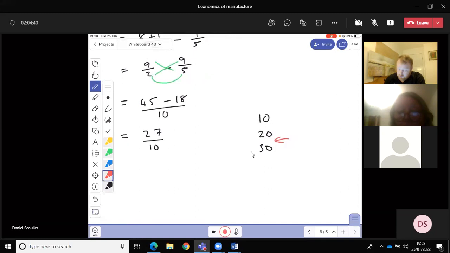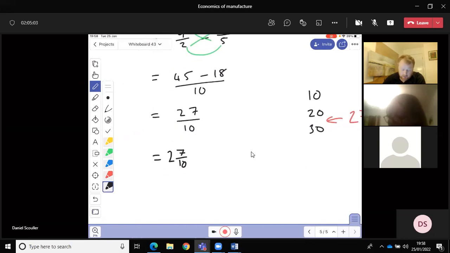There's 2 wholes, which takes us to 20, and then we're left over with 7. So there's 2 whole 10s, and then our remainder is 7.